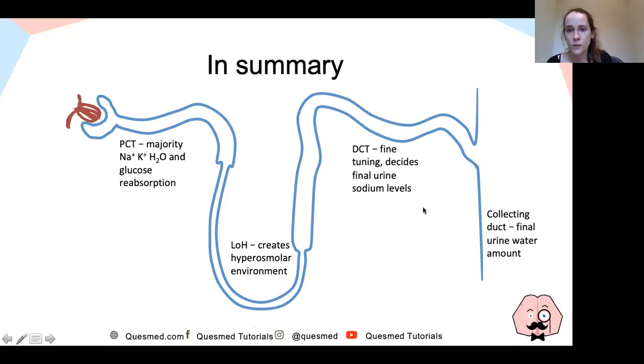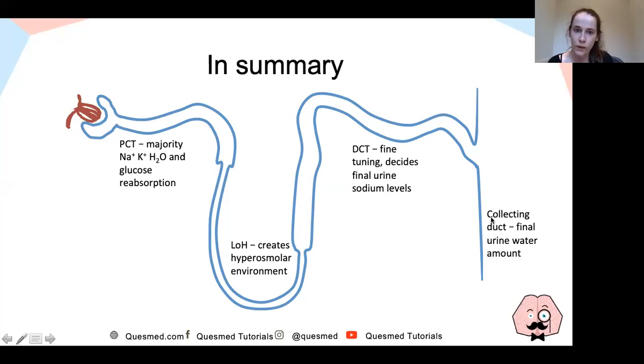We've got our distal convoluted tubule. So that's where the fine tuning takes place, and that decides our final urine sodium levels and our final urine acidity levels. And then we've got our collecting duct. So that's the final urine water amount, and that's determined by the aquaporins. Okay.